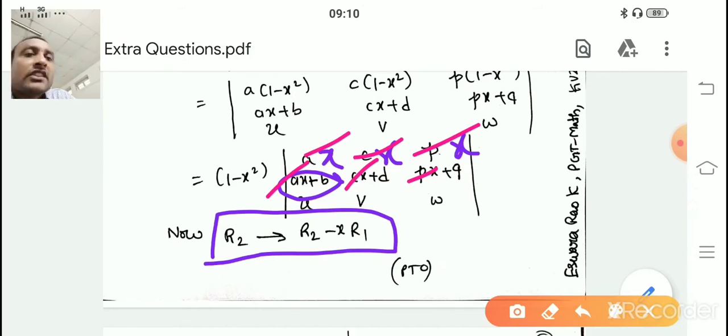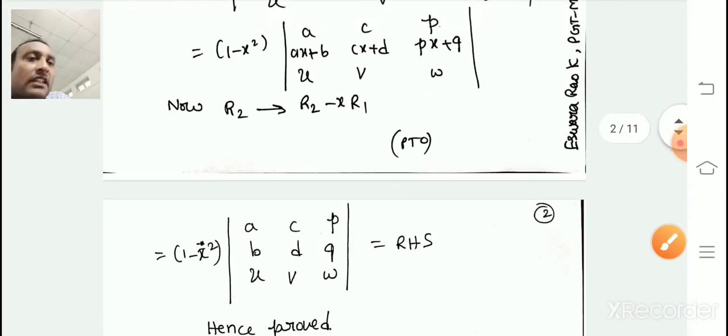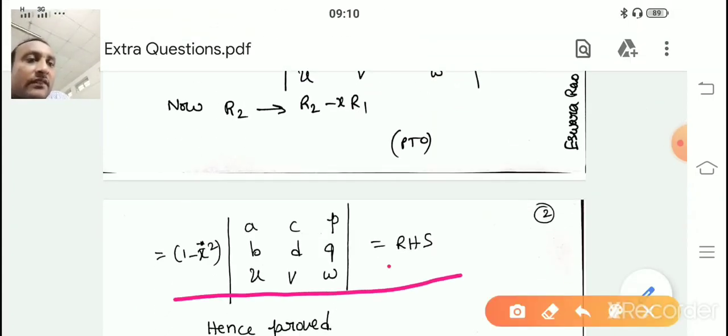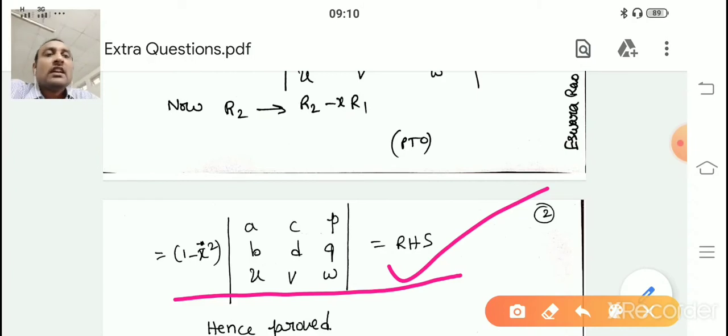That is the reason we do this operation, so that we get the same thing in the second row, and hence proved: 1 minus x square into this determinant is the required RHS.